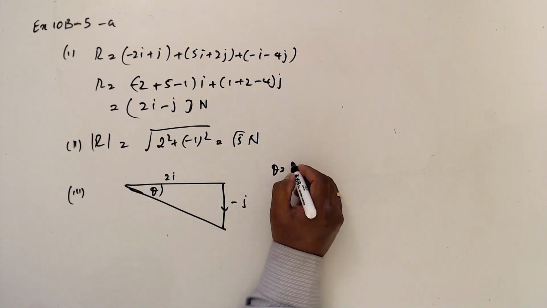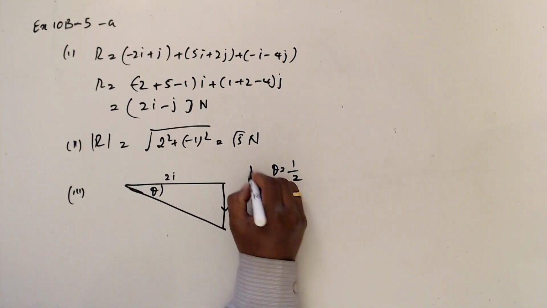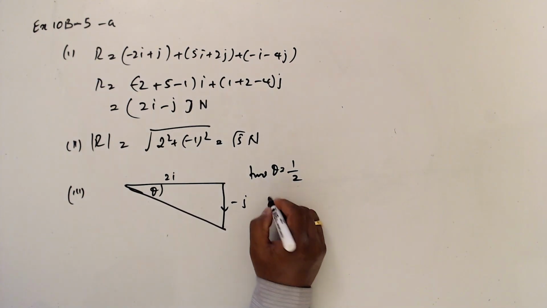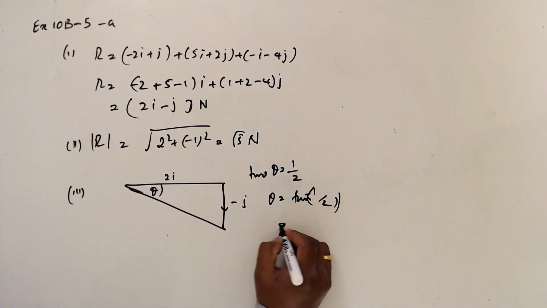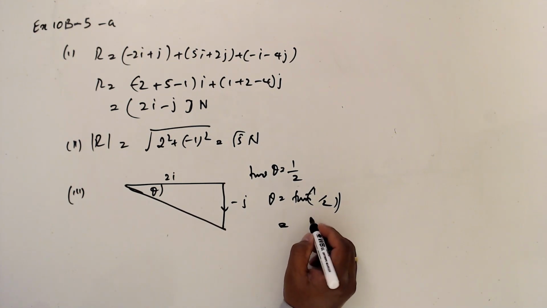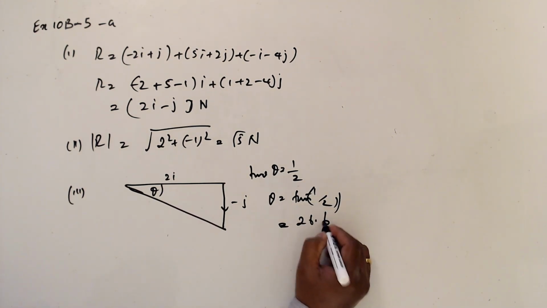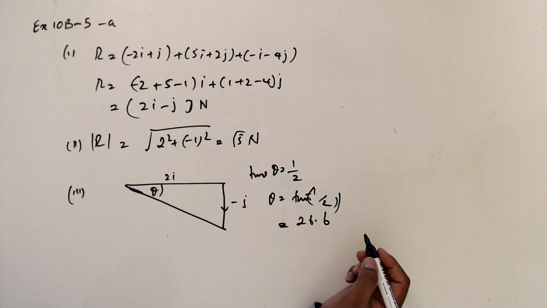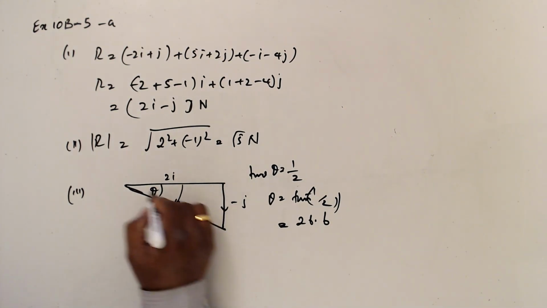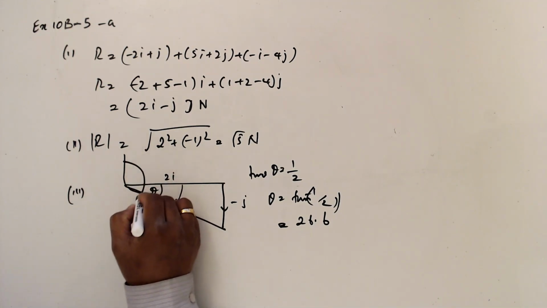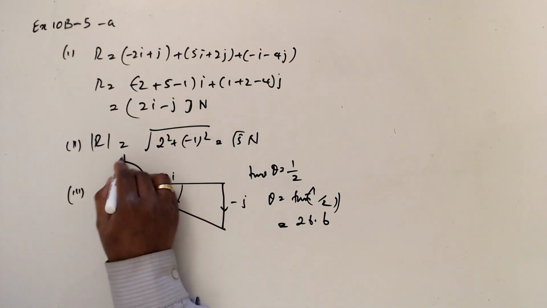So tan theta equals 1 over 2, theta equals tan inverse of half, which is 26.6 degrees. So we need bearings. Bearing means we have to calculate from north.